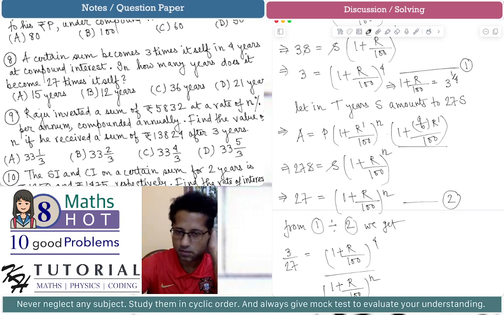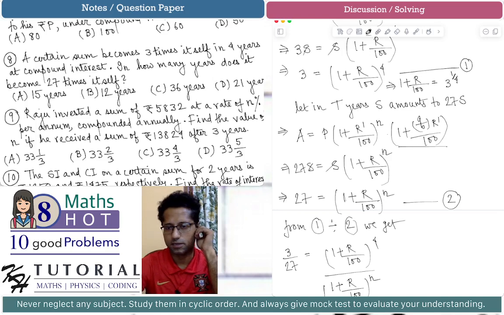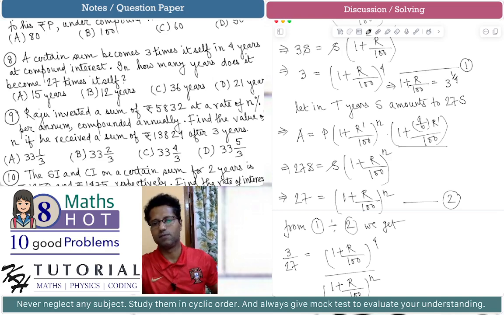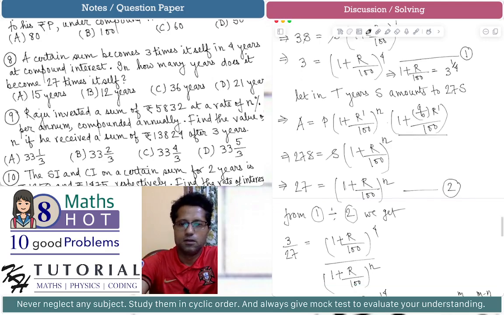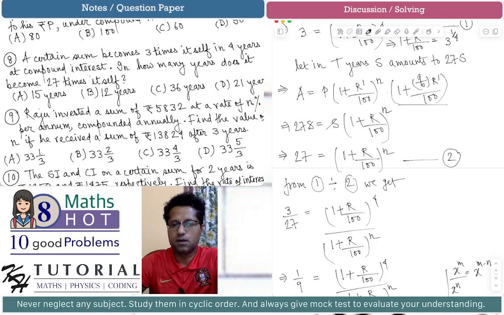So if n and a by b is an integer, then obviously the fractional part a by b will be 0 and t will be n. So that is why we consider this factor to be 1.